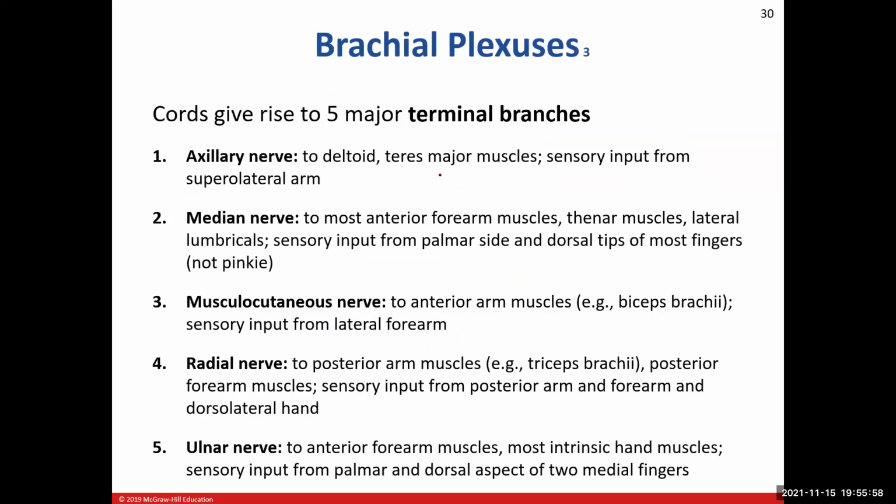The median nerve is the nerve that is going to be compromised during carpal tunnel because it travels through the carpal tunnel, near the palm of your hand. The median nerve is going to control the flexor compartment muscles.